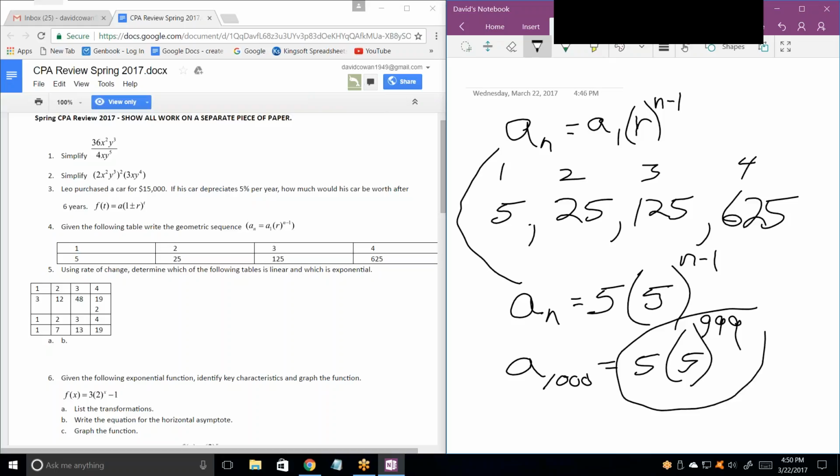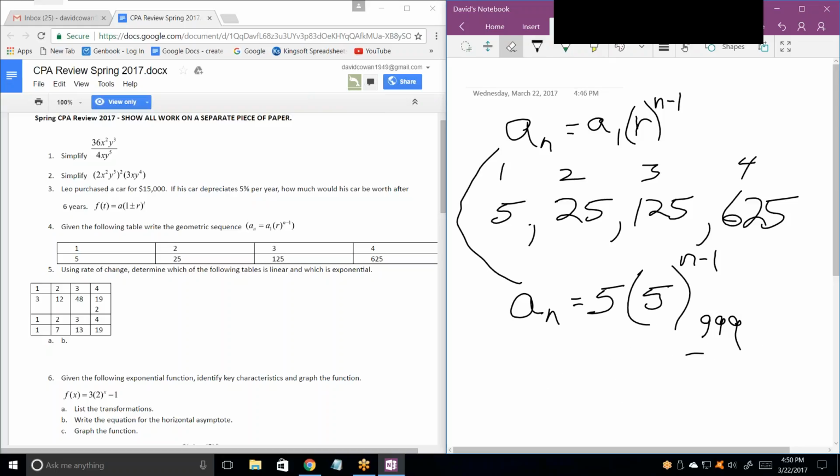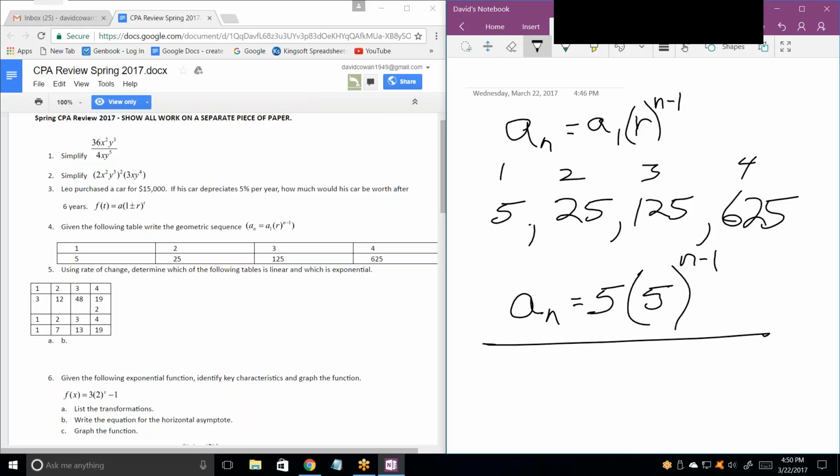So there's the 1000th term of that sequence. That's the reason we care about what the nth term formula or equation is. That's the specific nth term equation for this sequence.